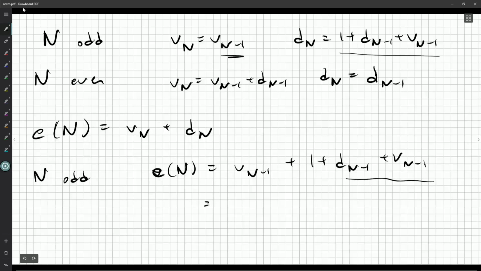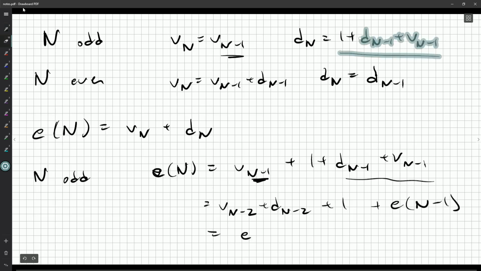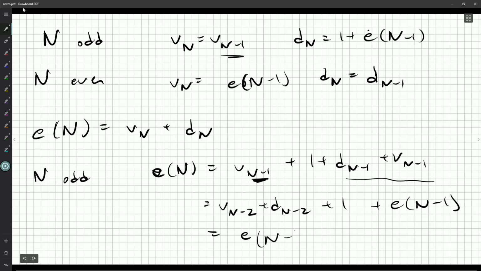And then this Vn, because this is now even, splits up as Vn minus 2 plus Dn minus 2. Here's what I should have written a while ago: this is just En minus 1, and this is En minus 1 for that as well. So this nice recurrence relation holds, and now all I need to know is two previous Ens.